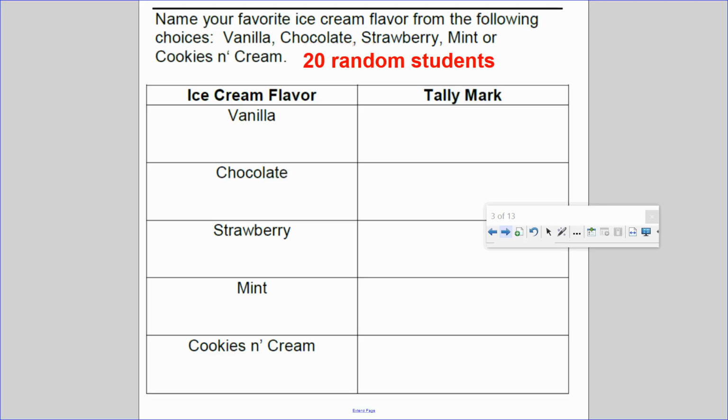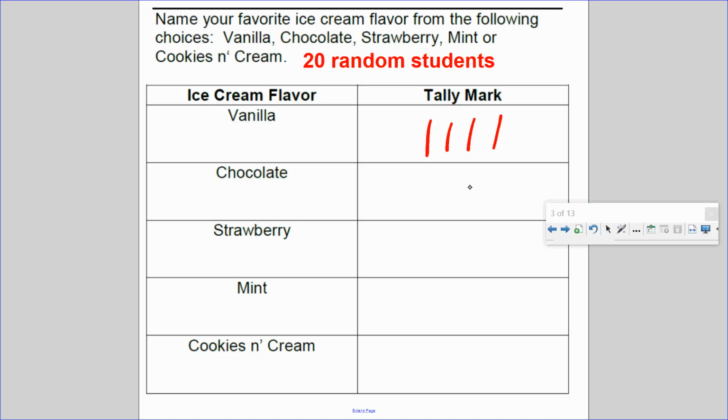Next, we're going to be doing a survey and asking people, what is your favorite type of ice cream? Vanilla, chocolate, strawberry, mint, or cookies and cream? Let's pretend that 4 people chose vanilla, while 2 people chose chocolate. No one chose strawberry. One person said mint, and 3 said cookies and cream.